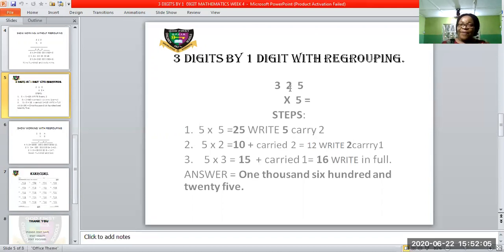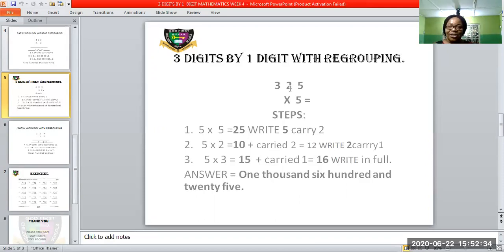But move on. 5 times 3 is 15. 15 plus the carried 1 is 16. You write 16 in full because there is no other digit to carry forward to. The end of the number is number 3. Therefore, you write it in full. 16. Final answer.